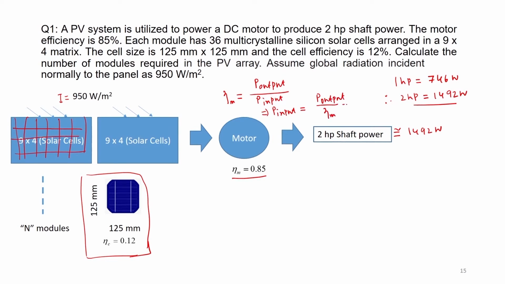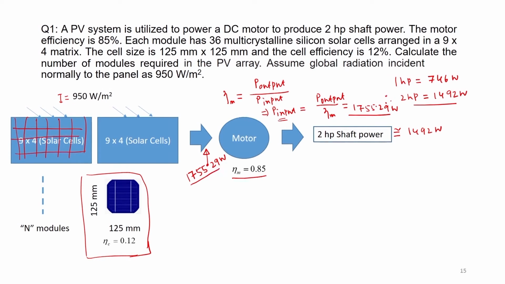If we substitute power output equal to 1492 and eta m as 0.85, then the power input required to run the motor will be 1755.29 watt.